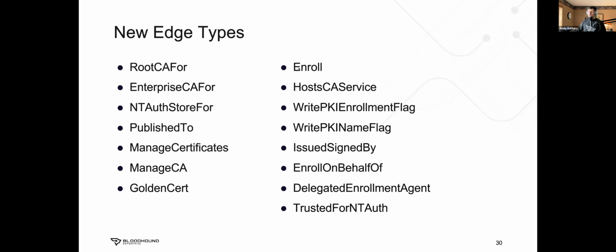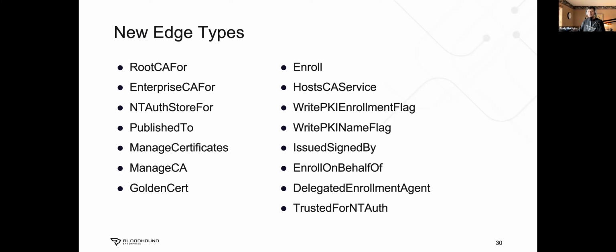Enroll is a privilege connecting a principal to a cert template or to an enterprise CA, and it means that that principal has the enroll privilege against that object. Hosts CA service connects the computer to the CA object that the system is hosting.